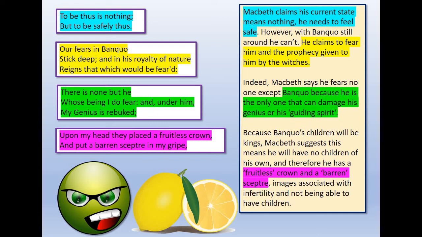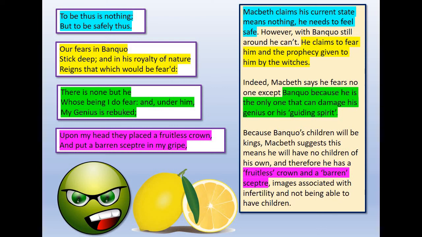And then he says, "Upon my head they placed a fruitless crown and put a barren sceptre in my grip." Now, because Banquo's children will be kings, as prophesied by the witches, Macbeth suggests that this means he will have no children of his own. We know he doesn't have any children at the moment. We know he did have a child and that child died.